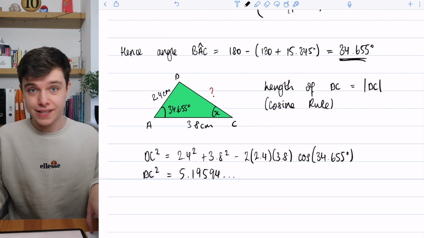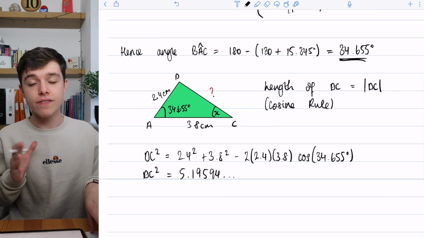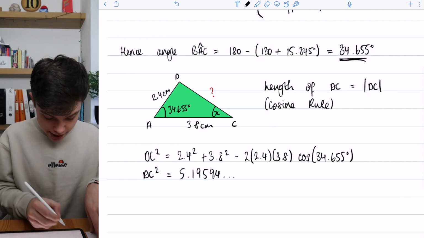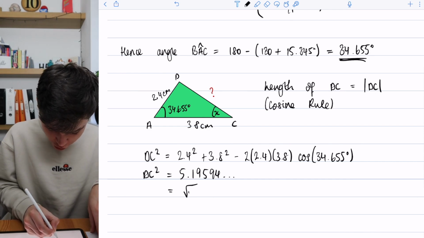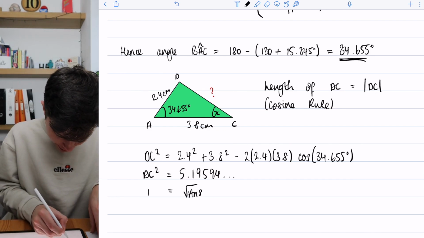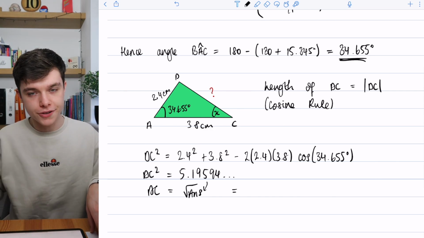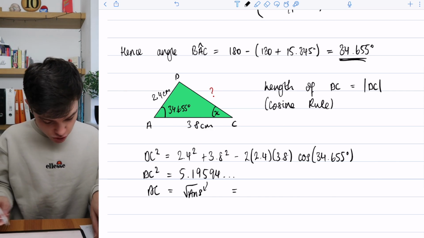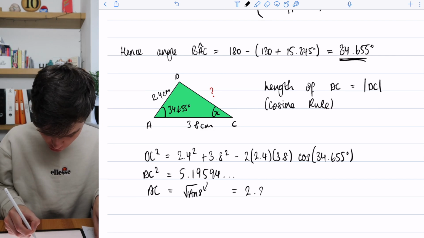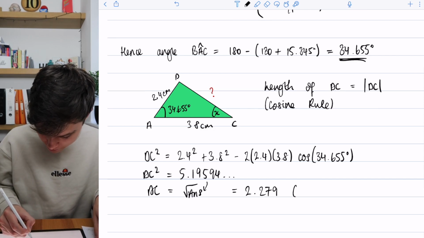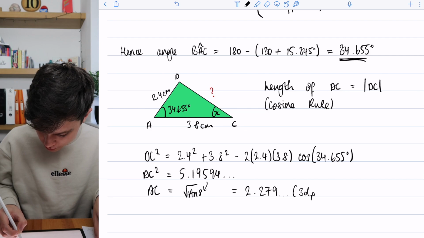We don't want DC squared, we want just the length of DC. So remember from the cosine rule, we just need to square root our answer to get DC. When you square root that 5.19..., you get 2.279... to 3 decimal places.